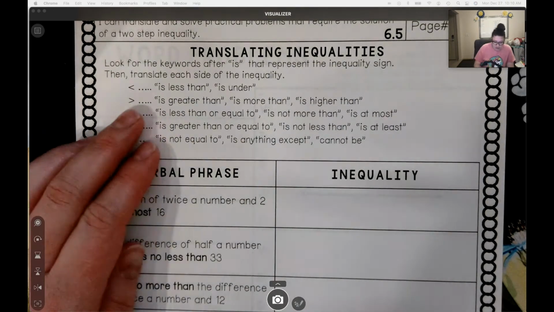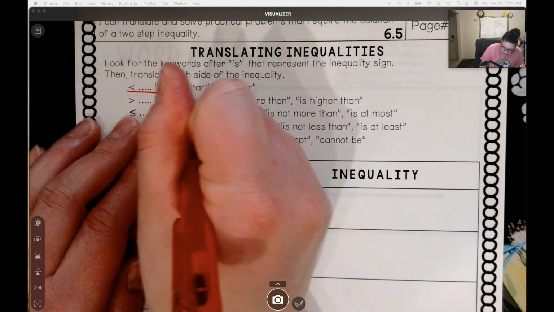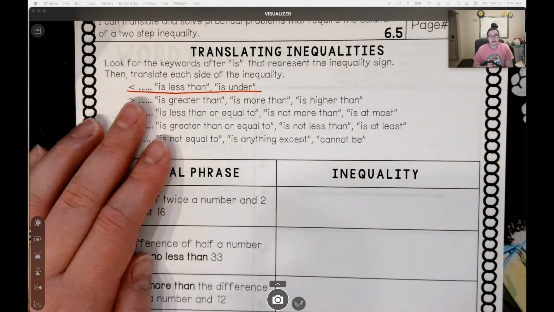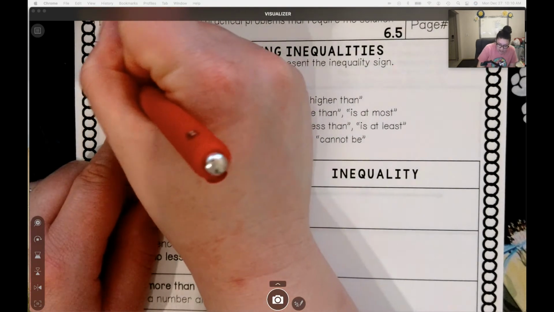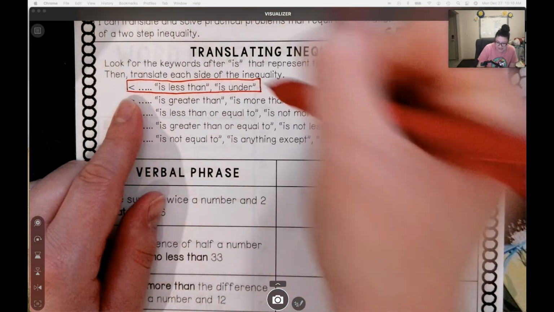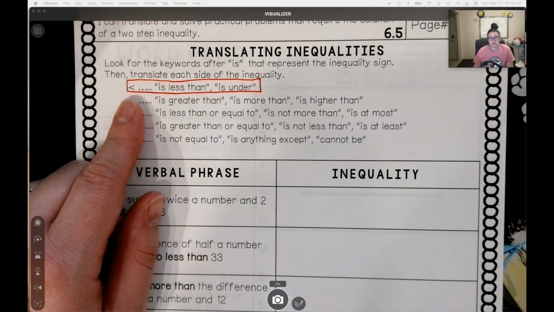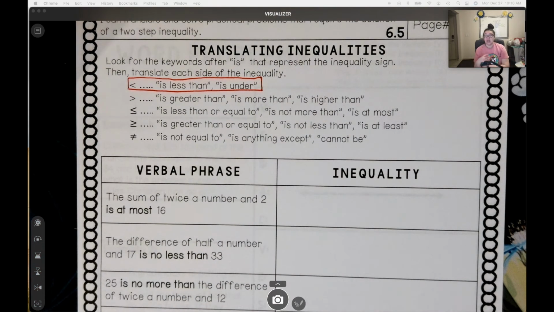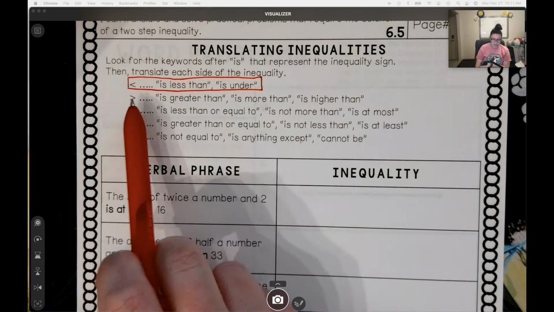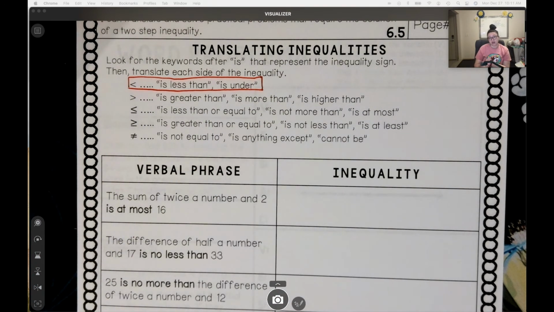So the first symbol is less than. You may also see the words is under. Those all mean less than. There's a ton of words that can all mean this sign, but those two are very common for less than.